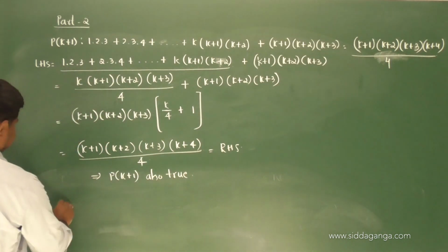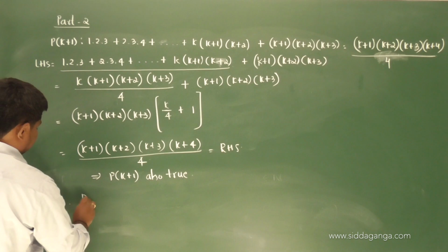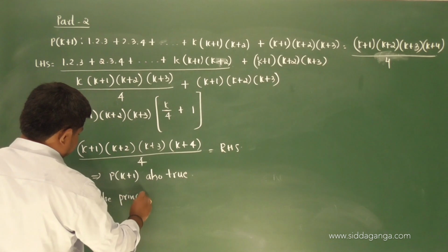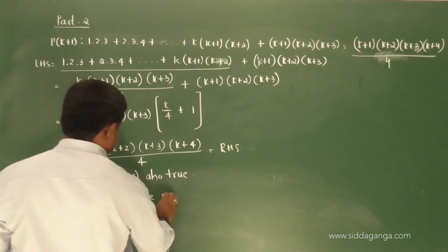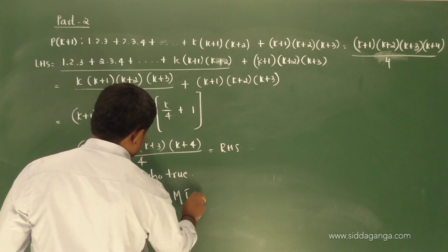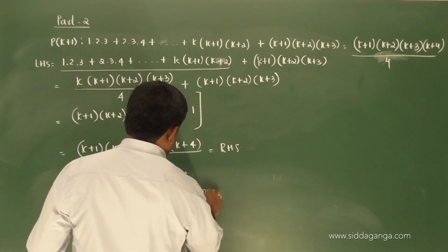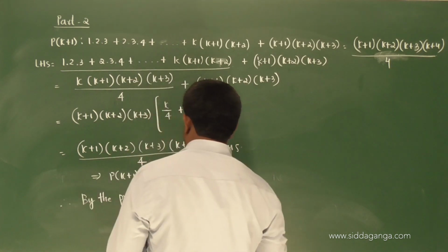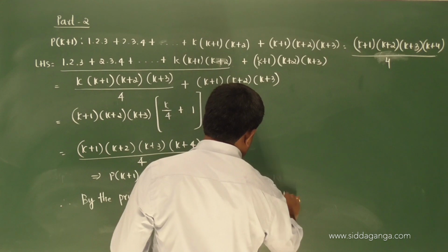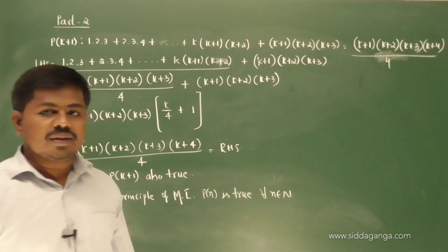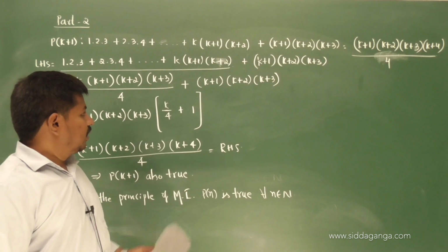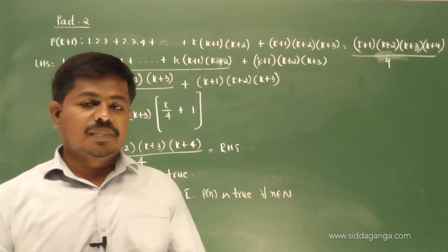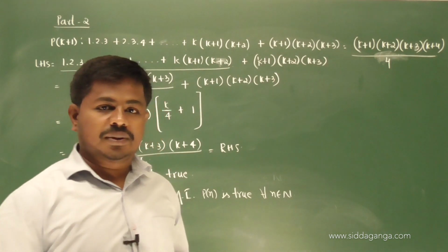So therefore, the conclusion is, by the principle of mathematical induction, P of n is true for all natural numbers. That's it. This is what proving the given statement by using the principle of mathematical induction for all natural numbers.